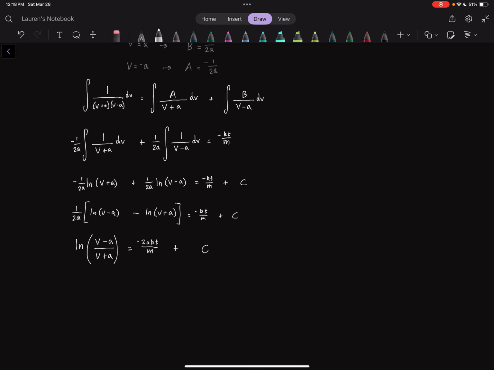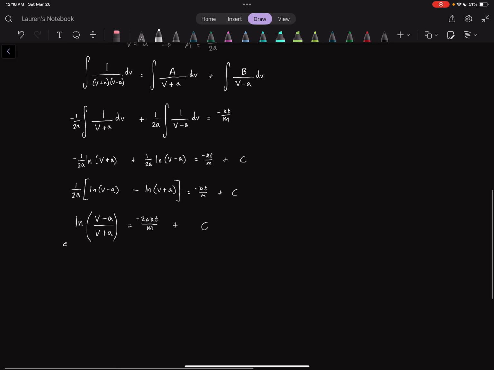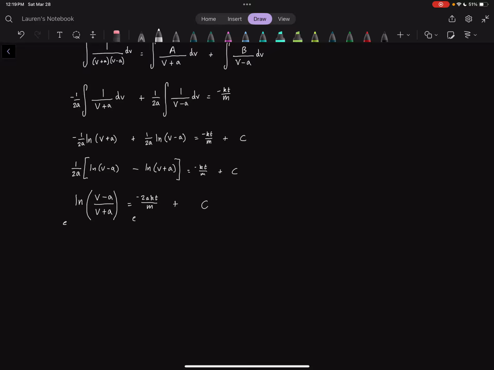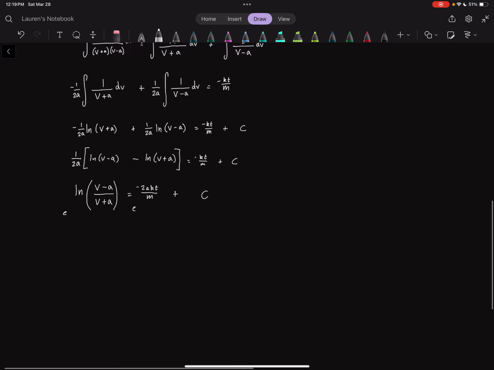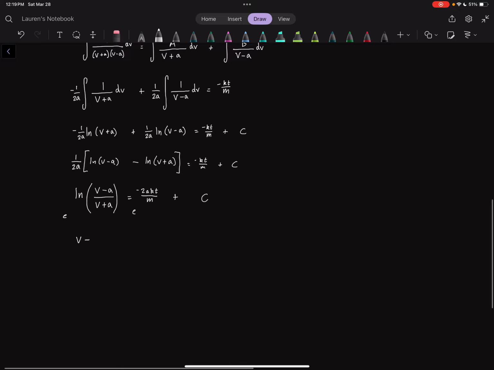And if we just take the e of both sides, if we raise e to the power of what's on each side, then we cancel out the log on the left, so we're left with (v minus a) over (v plus a) on the left, and on the right it's going to be e, and then those are going to be combined via multiplication, because addition of natural logs is multiplication.